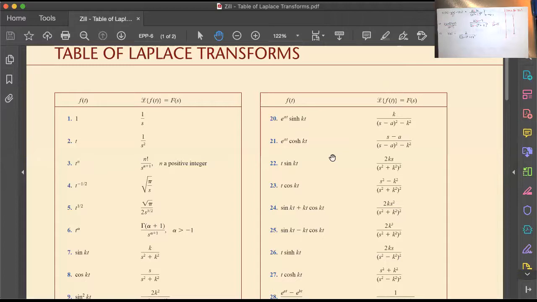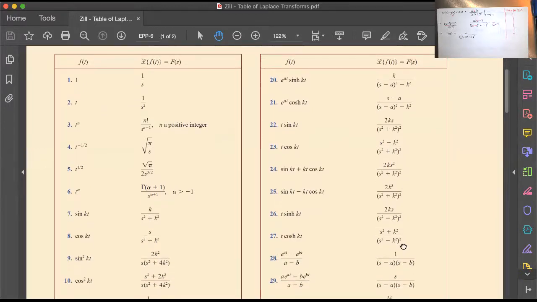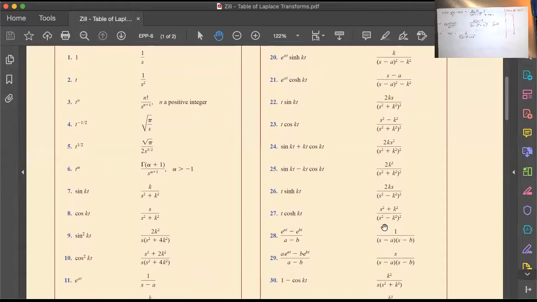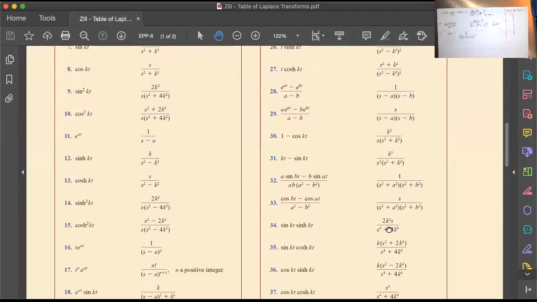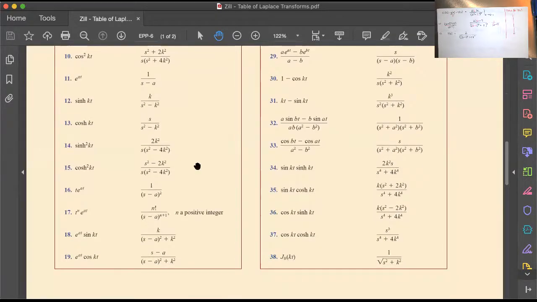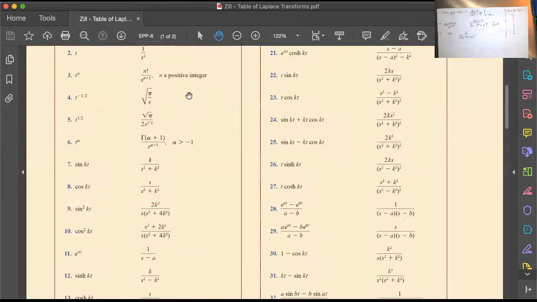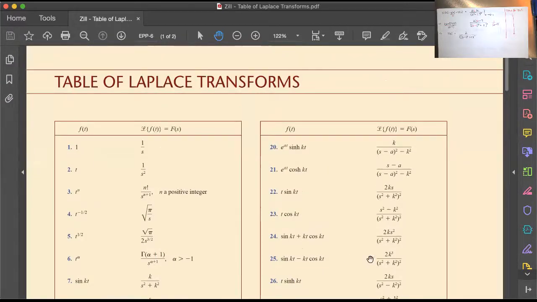So now I'm taking the inverse transform. I'm looking in the rightmost column, and I want a constant over ((s minus a) squared plus k squared) quantity squared. And I don't see anything like that here. I'm looking in the right column on the left-hand side now. I don't see anything like that exactly.